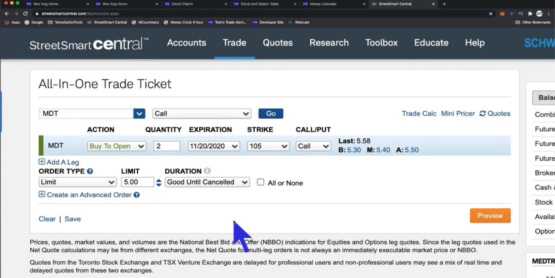All right, but I sell off by selling off half your position. If I buy to open, follow along with me here, 2 of these calls, and let's say I get filled at 5. All right, so 5 times 2 is 10, times 100 is $1,000. So the entire trade, if I buy 2 contracts and I pay $5 for each one, is going to cost me $1,000 plus some small exchange fee.